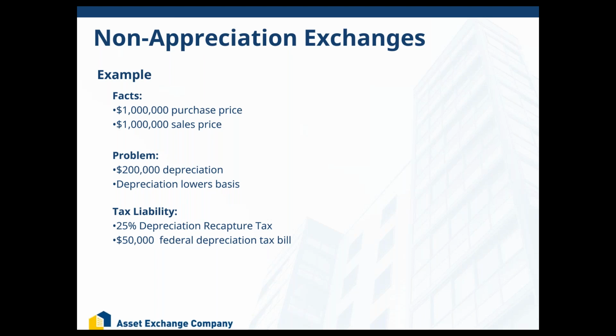That's going to equate to $50,000 in taxes that they're going to incur when they sell the property. They can still do a 1031 exchange in that case and defer the depreciation recapture tax.